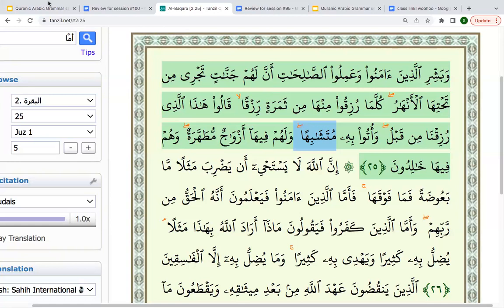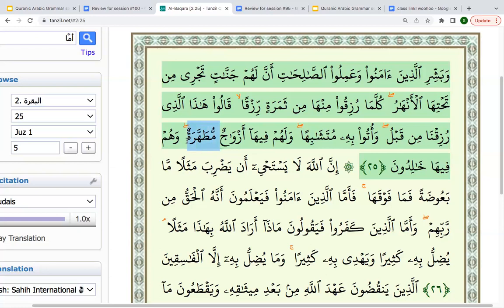But if the second root letter has a kasra, what are the chances? Is it going to be fa'il or maf'ul or zarf? Fa'il, right? Muslimun, mu'allimun. So, mutashabihan is also ism fa'il from mazid fihi, and we'll learn about that family very soon.